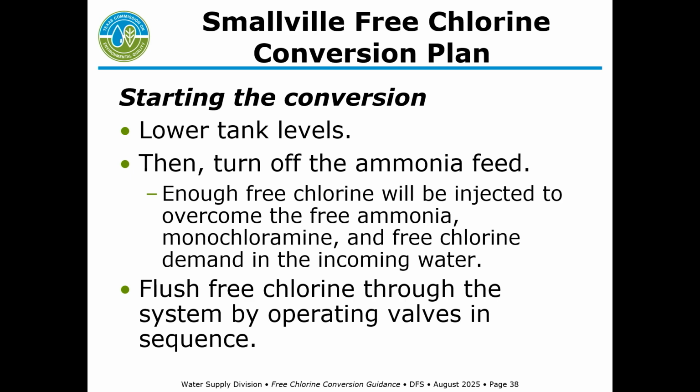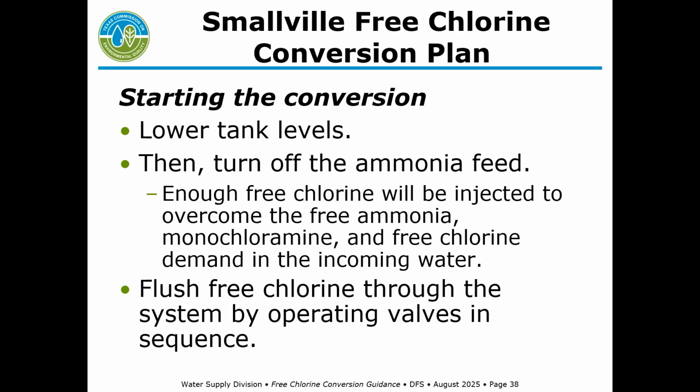Because when you're operating with chloramines, you may not be satisfying the chlorine demand like you would be with free chlorine. Now you're converting to free chlorine, and there could be some demand left in the water that wasn't touched by the monochloramine. Then you want to flush your free chlorine through the system, as we mentioned, in sequence.